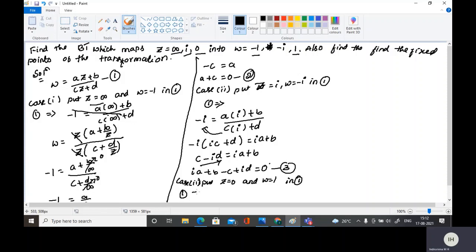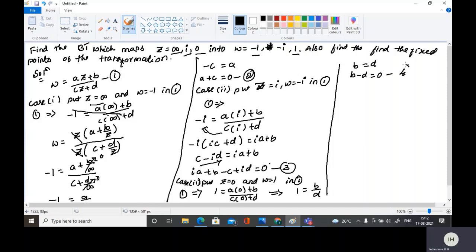So equation 1 becomes, what is w? w is 1. 1 is equal to (a into 0 plus b) by (c into 0 plus d). So this implies 1 is equal to b by d, or b is equal to d. b minus d is equal to 0. So that is equation number 4.